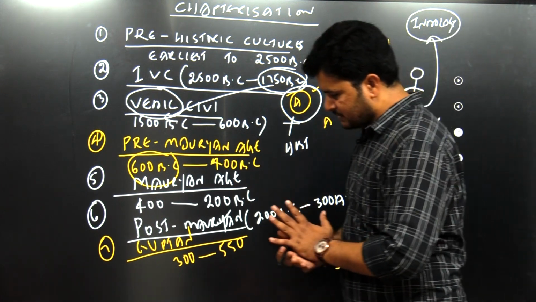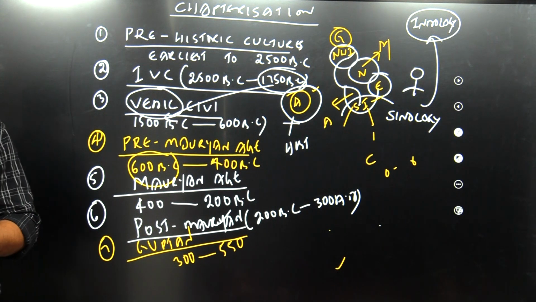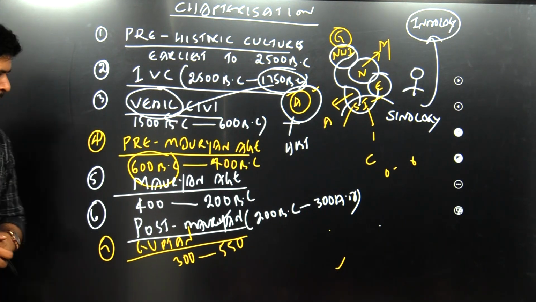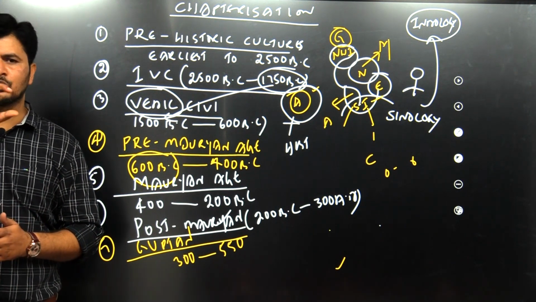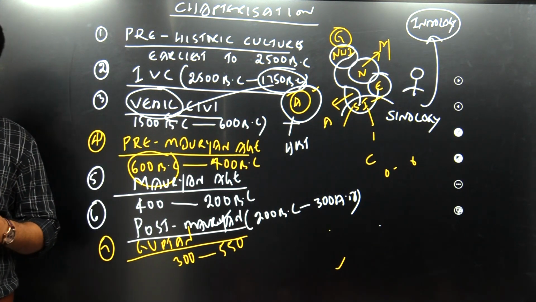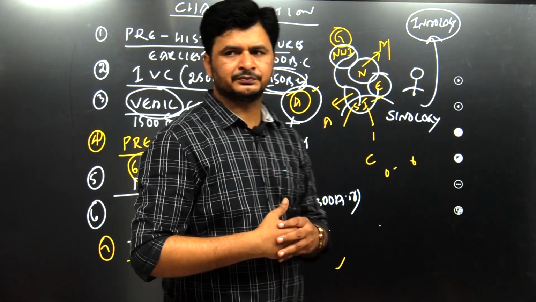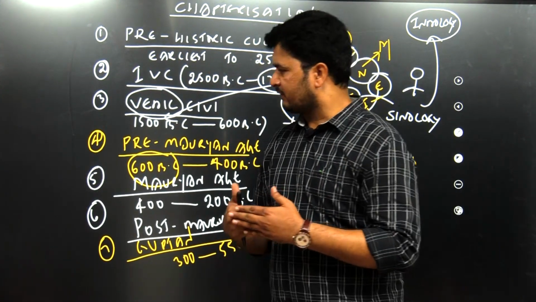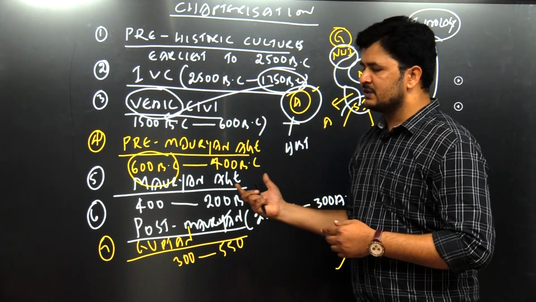One of the pattern questions we generally get from ancient India, Guptans, I'm talking about general studies mains: in what way are we justified in calling the Guptan age a golden age? When you go through previous question papers, you do come across these kinds of questions.